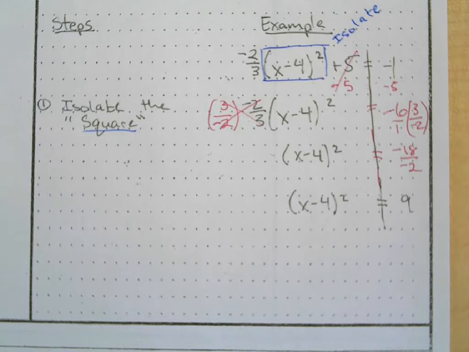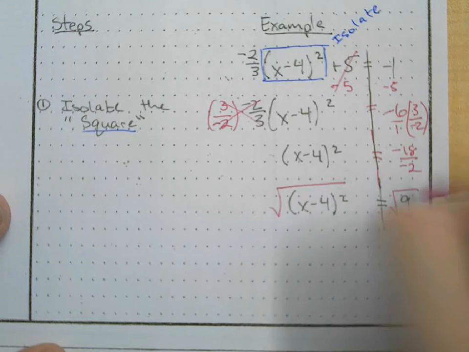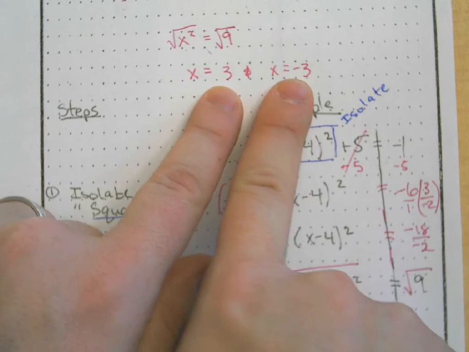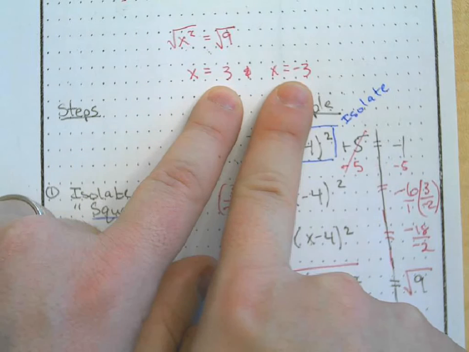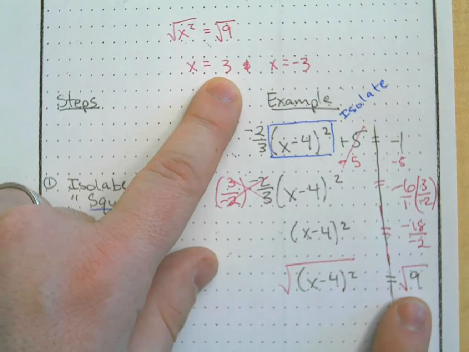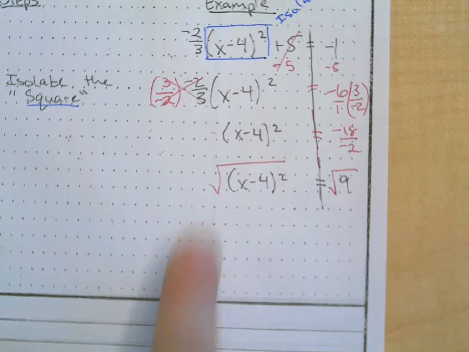Now we're ready to take the square root of both sides. And this is where the two solutions will pop up. So they're not like our overall x equals, but this is where it splits up into our two equations to solve. So when I take the square root of 9, I'll get a positive 3 and a negative 3.